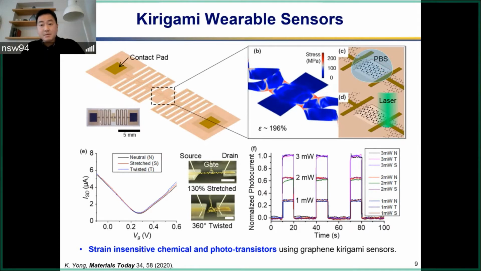You can repeat the same experiment with a sensor, in this case a photo sensor, under different illumination intensity and different deformation modes, which show the same kind of responses. For us, this was an interesting observation.